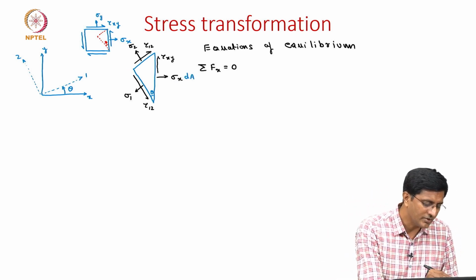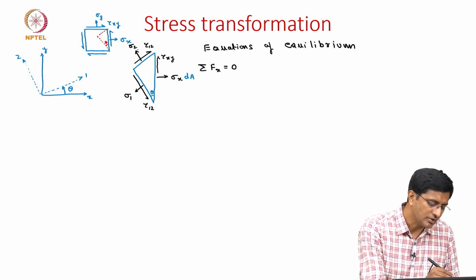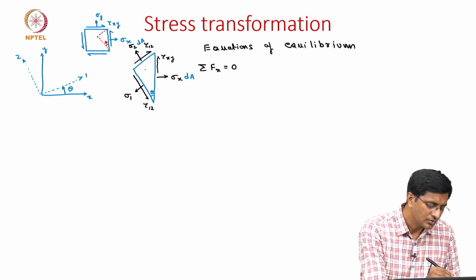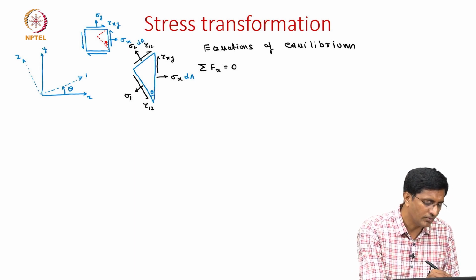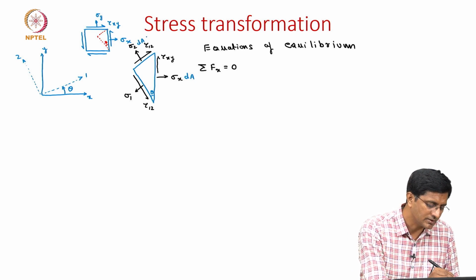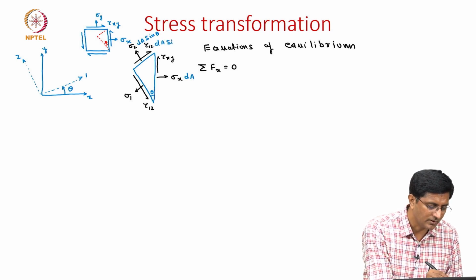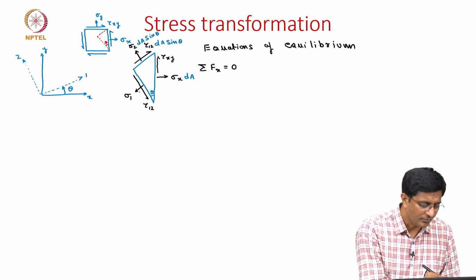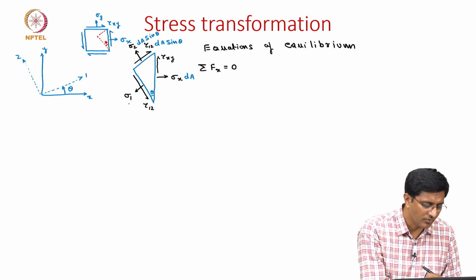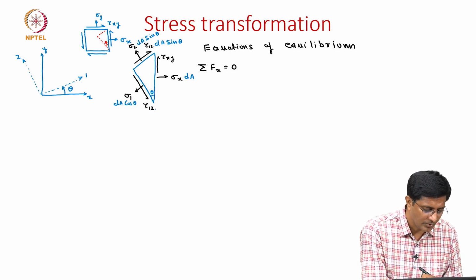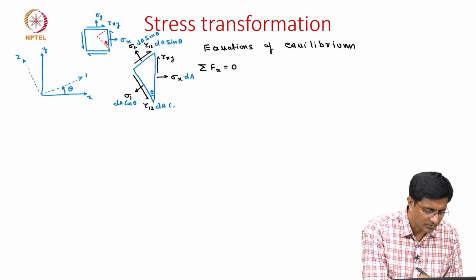But on these inclined faces the cross-sectional area is dA times something. For example, where we have this sigma 2 it should be dA times sin theta, and similarly this should be tau 12 times dA sin theta. But for this inclined face where we have sigma 1 there we have dA times cos theta, and here it should be tau 12 times dA cos theta.